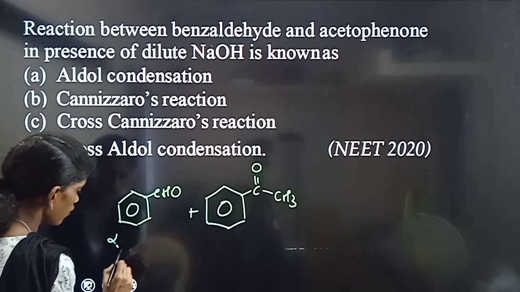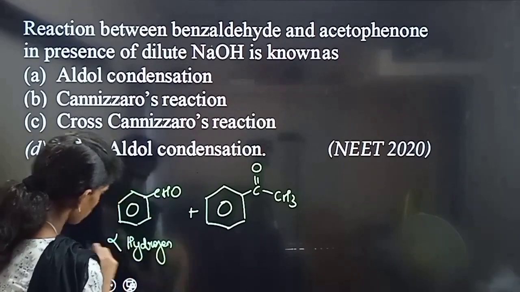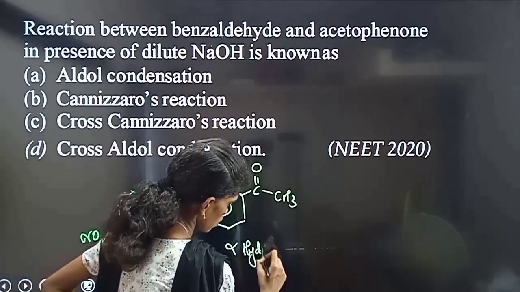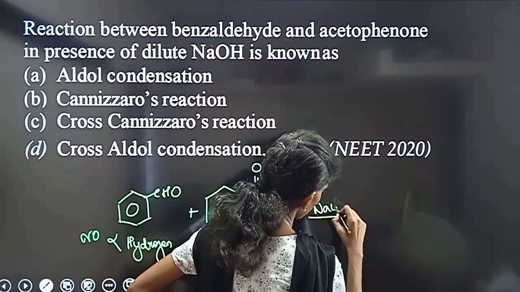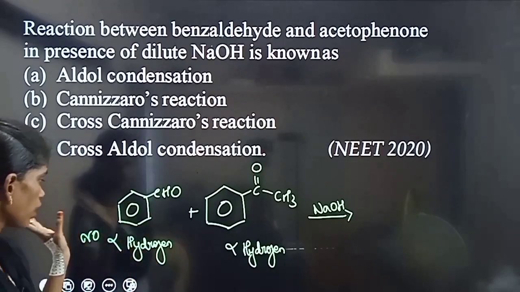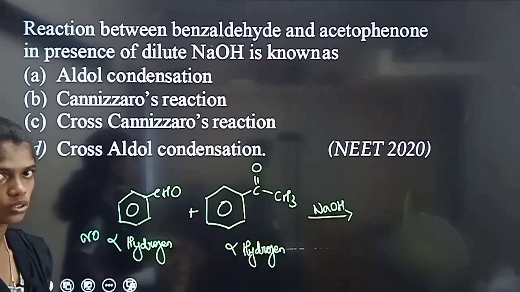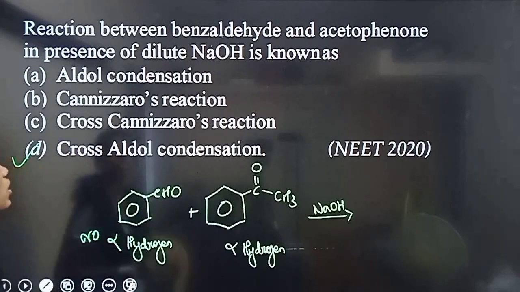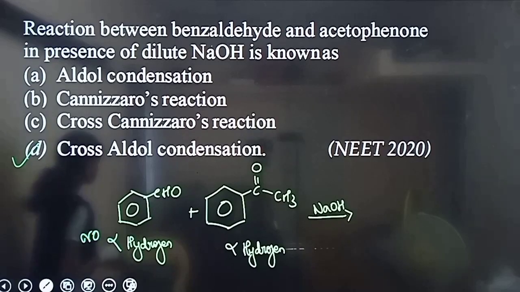Here there is no alpha hydrogen. There is alpha hydrogen. Presence of NaOH. Okay, so the reaction between a carbonyl compound, the compound that has alpha hydrogen, when it reacts with a base, the reaction is what we call cross aldol condensation. So option D is the right answer.